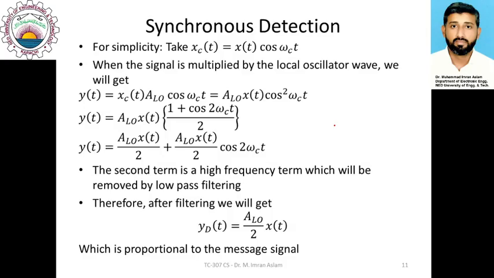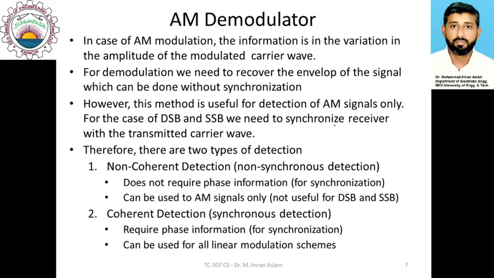So this concludes the discussion on the demodulation of AM signals. Summing up, there are two types of demodulation: non-synchronous, which is based on envelope detection of the AM signal and can only be used to detect the basic AM signal, whereas the other detection scheme is synchronous or coherent detection, which requires phase information or synchronization, but can be used for all variants.